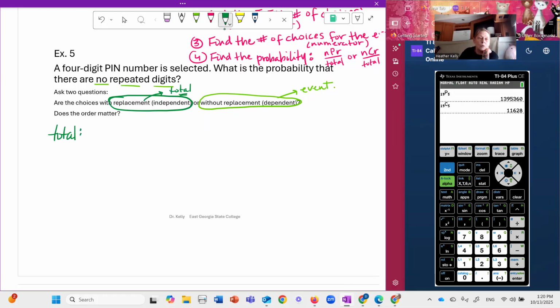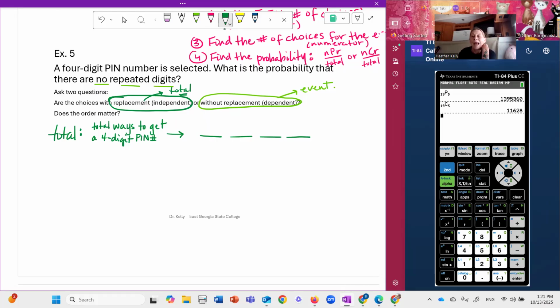So the total number of choices. And that is going to be the total. This is the total ways to get a four-digit PIN number. Okay. Now, there's a couple of different ways we could think about this, but I think the easiest way is to just kind of like lay it out.